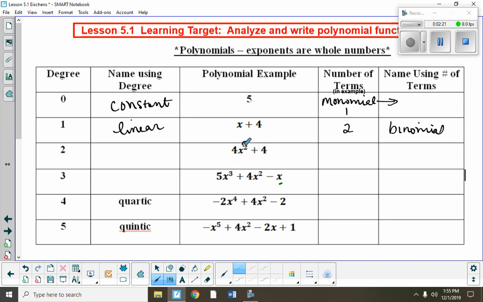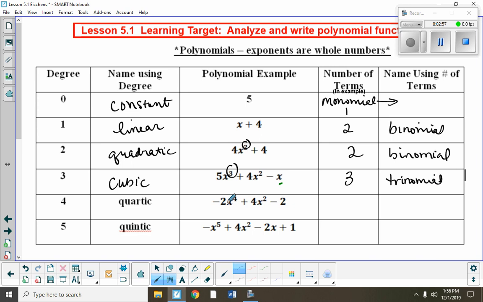So there are two terms here, so this is a binomial. Next, the highest exponent is 2, so that is the degree, and we would say that would be a quadratic polynomial. And this one again has two terms, so again we would call that a binomial. Next, the degree is 3. A third degree polynomial is called a cubic function. This particular equation has 3 terms, and so that is called a trinomial.